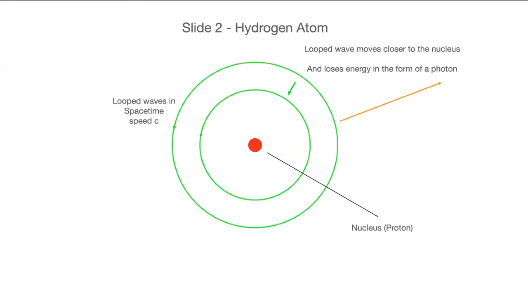And when light is emitted by a hydrogen atom, it's emitted in very characteristic frequencies. And it's known that there are specific electron energies which result in the emission of particular frequencies of light.